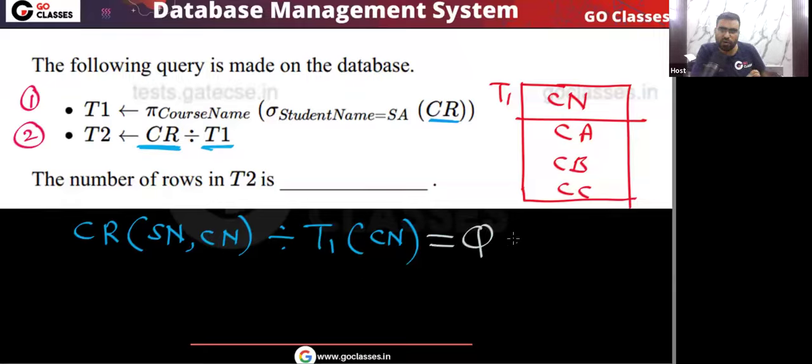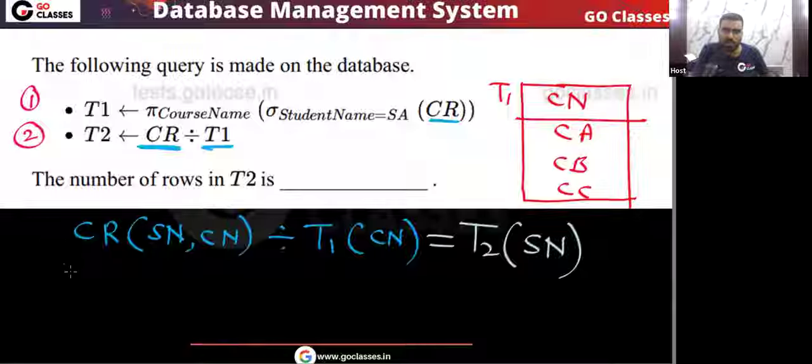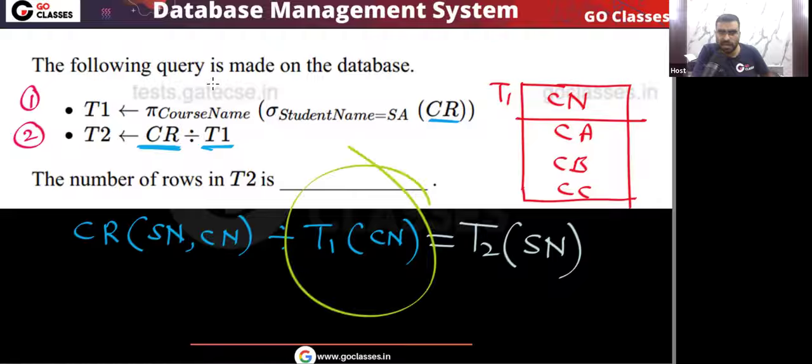The result will have what? The result is T2. Remember SN CN divided by CN. So in the division, the result will have only SN, those SN which pair with every T1 dot CN. Yes or no? What does that mean?